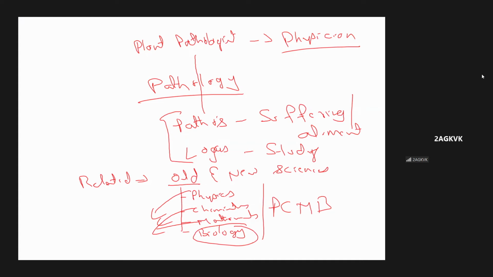Then what are the new sciences belonging to plant pathology? One is the latest, molecular biology. Molecular biology is the new science which is also used in plant pathology. How? You know that all these plant pathogens are microbes, whether fungi, bacteria, virus, or nematode.